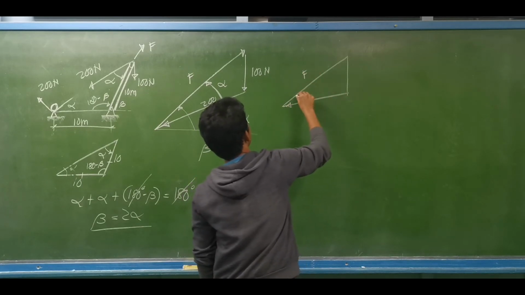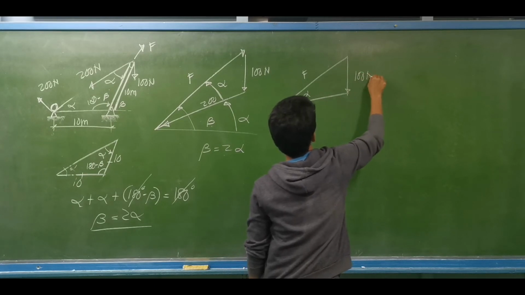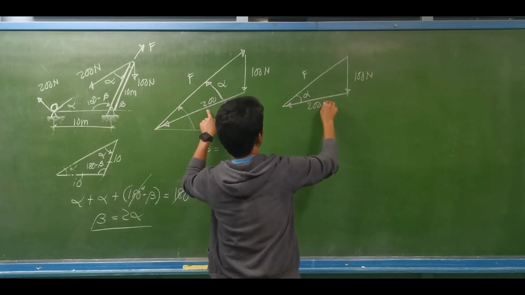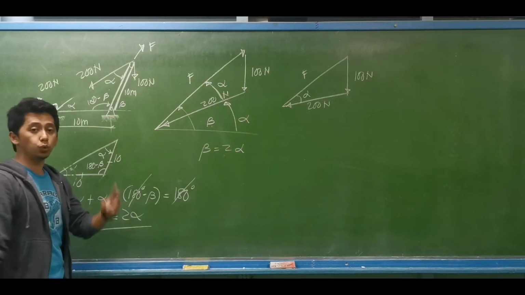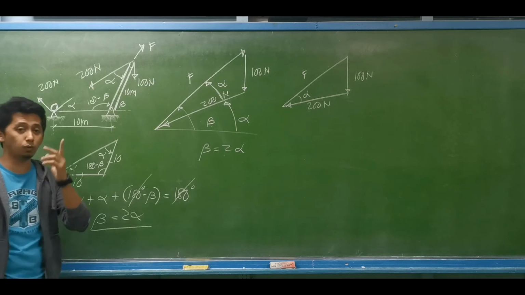We have this force, this is alpha, this is the 100 newtons, and this is the 200 newtons. So we now have two known parts, the 200 and the 100 newtons. We need one more.